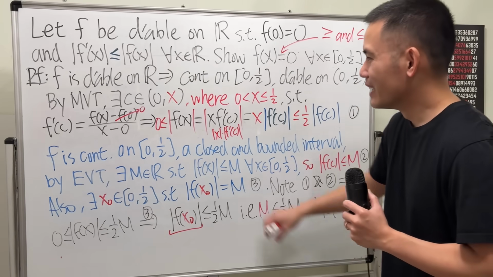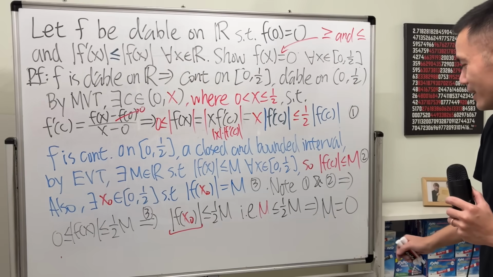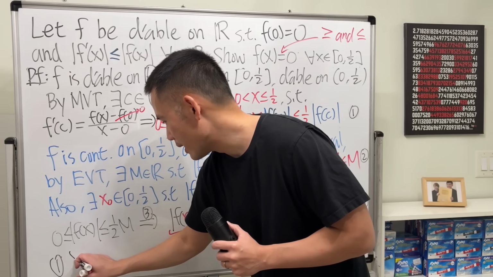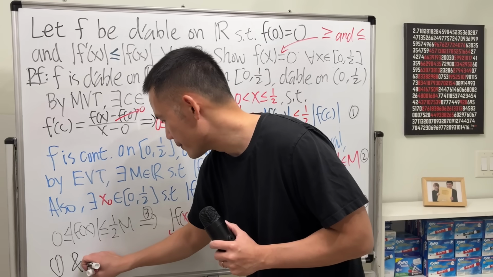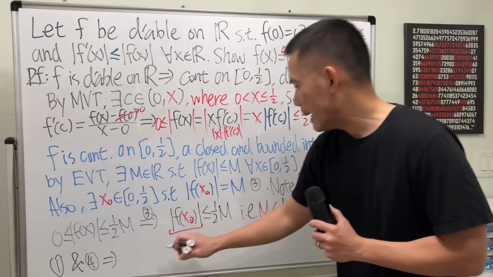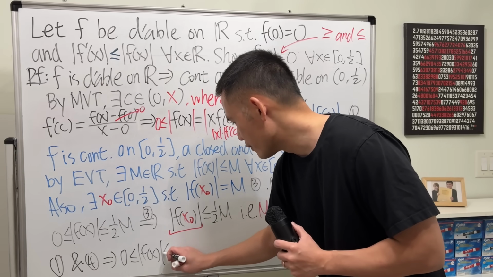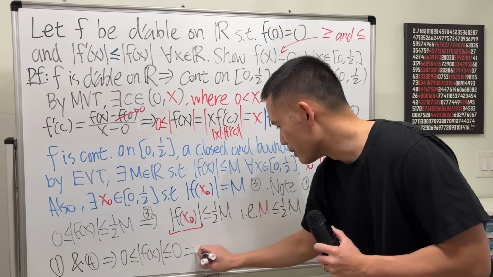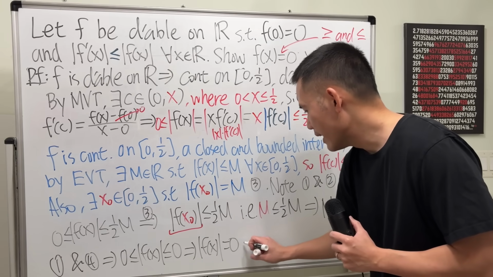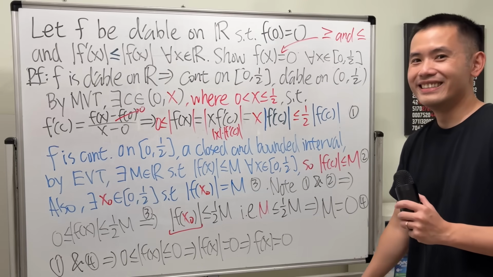So as you can see, this right here is indeed in between 0 and 0. So if you would like, you can call this number 4. So finally, with number 1 and number 4, we can get absolute value of f of x is indeed in between 0 and 0, which implies absolute value of f of x is equal to 0, and that means f of x has to be equal to 0.